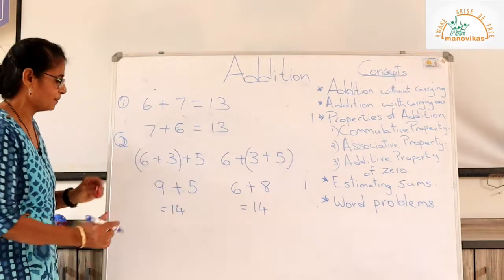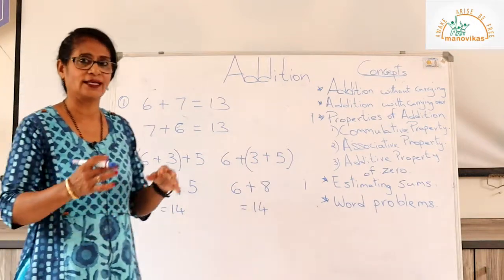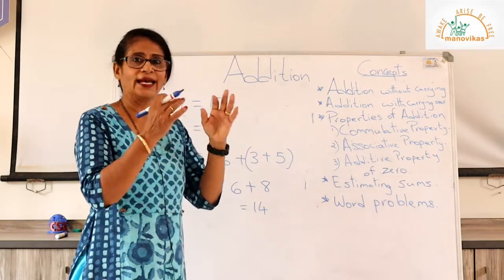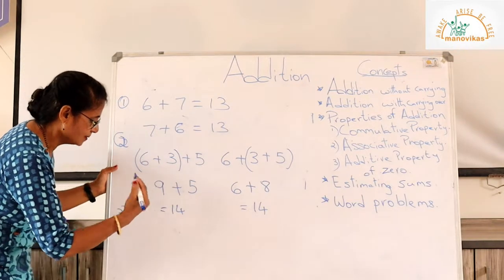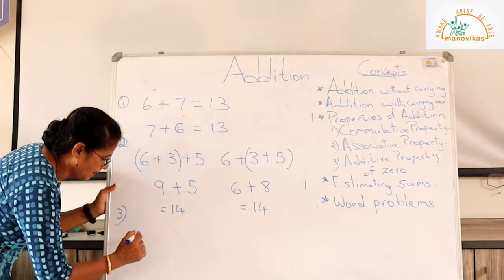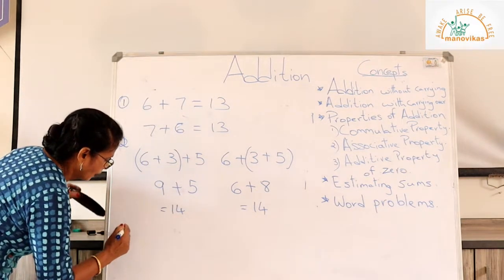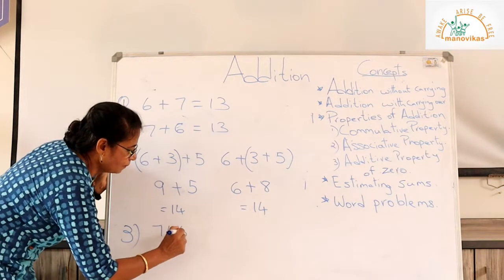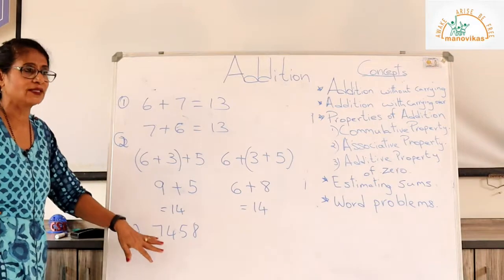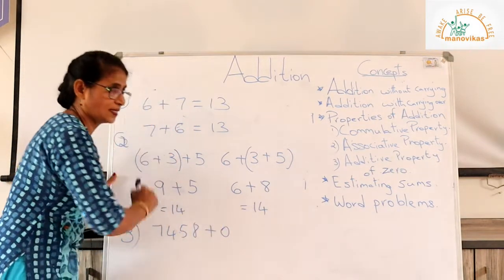Now we come to the third property. The third property says that any number that you add to 0, you get the same number. Or you add a 0 to the number, you get the same number. For example, 7,458 is a big number. We add a 0.